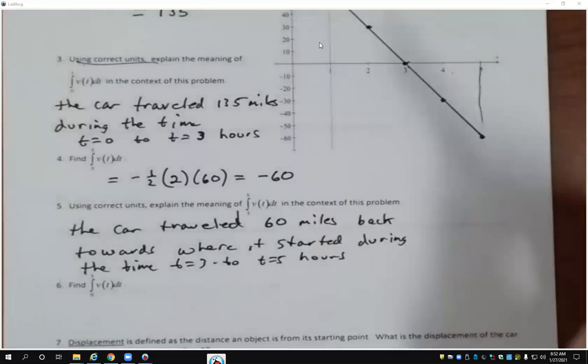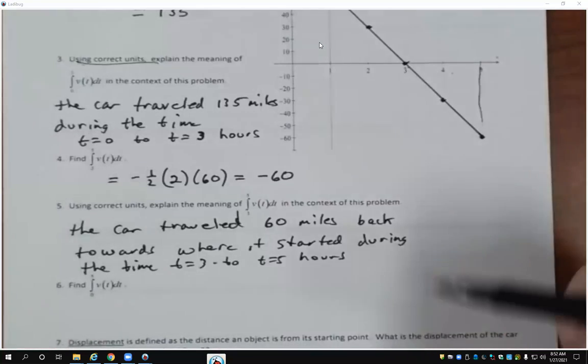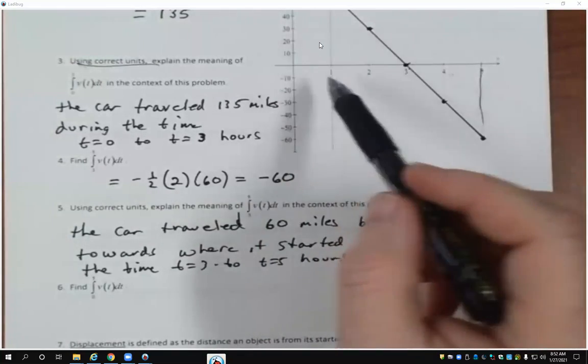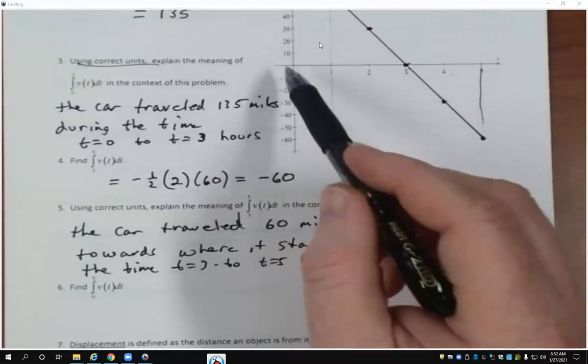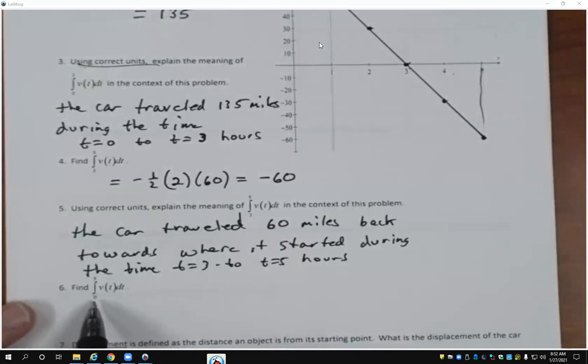Okay, so if we're thinking about this problem, we drove 135 miles away from wherever we started. At time 0, we were at 90. We drove 135 miles, and then we drove back 60 miles. The next question is find the integral from 0 to 5 of v of t dt.